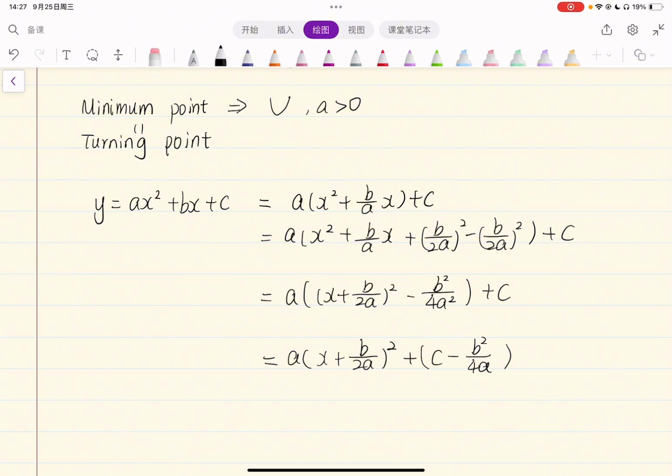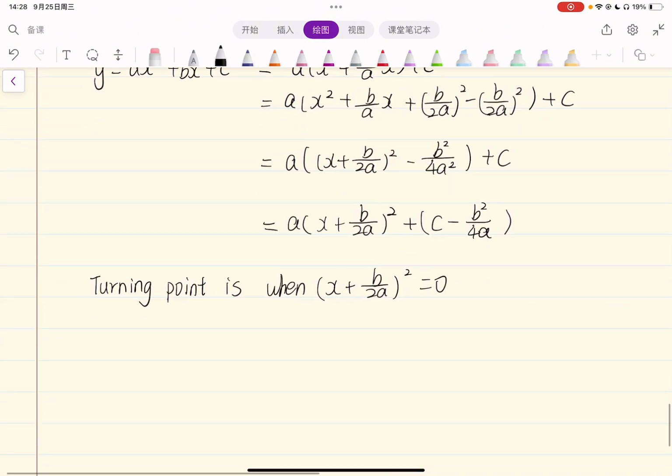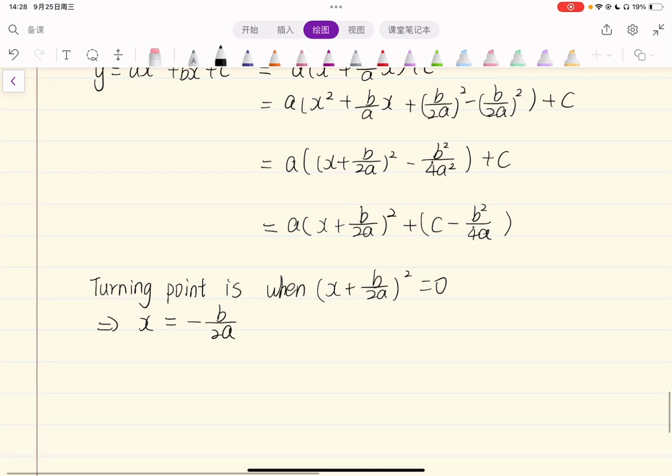So the turning point is when x plus b over 2a squared equals 0, which implies that x equals minus b over 2a. Correspondingly, y equals c minus b squared over 4a.